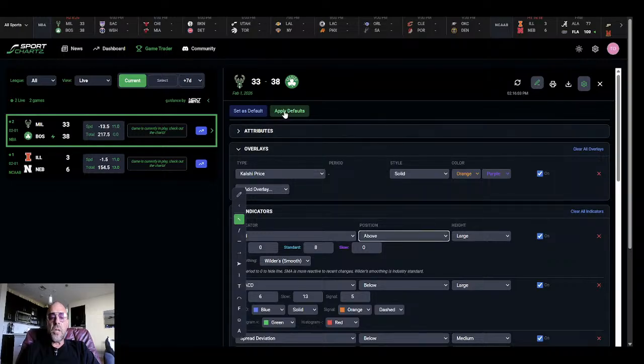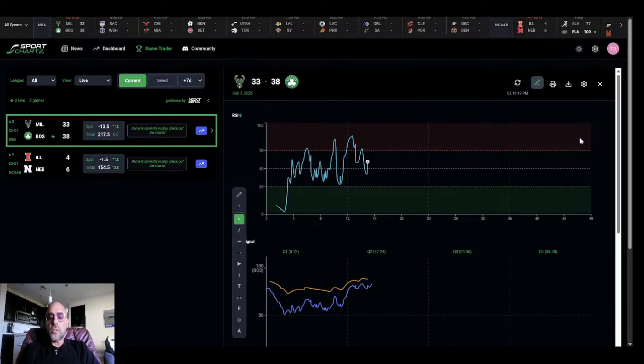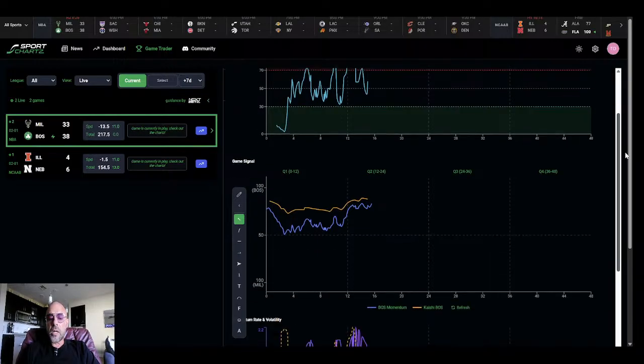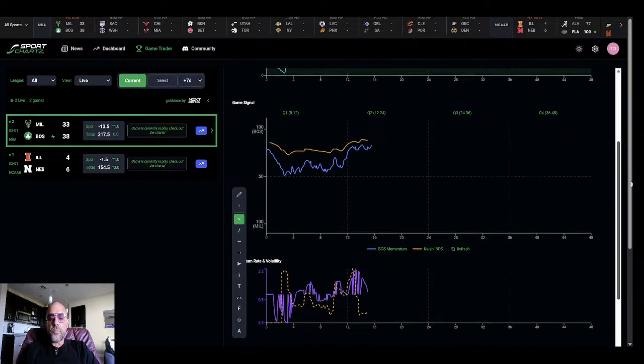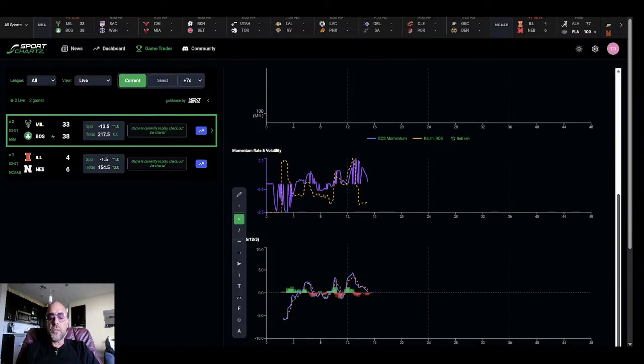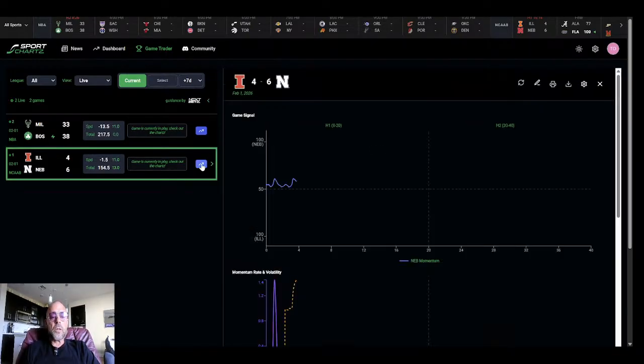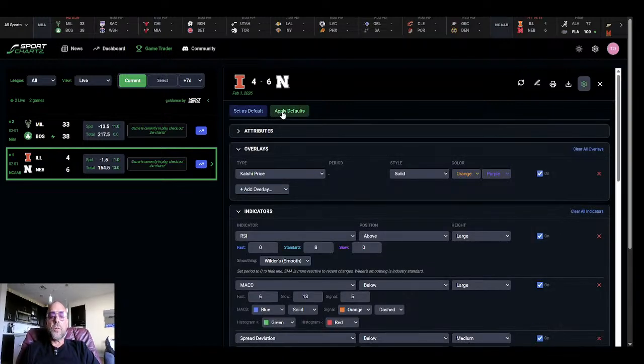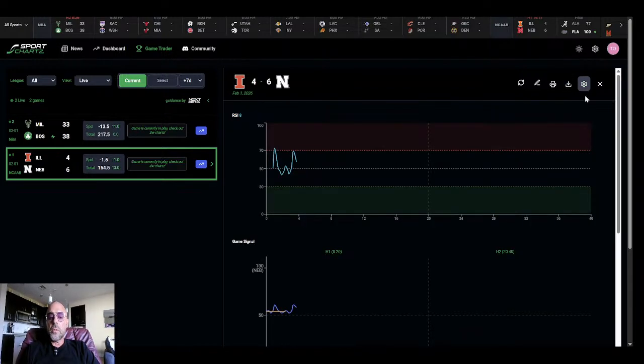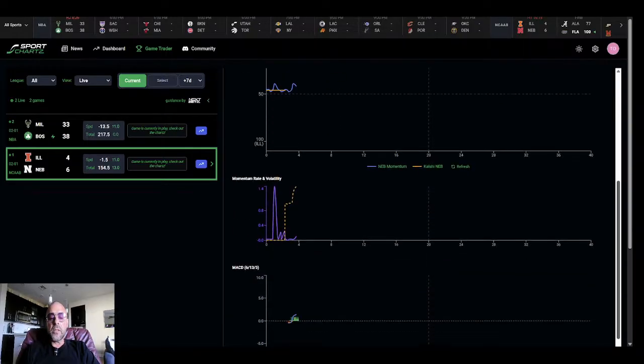So I set all this up, and then you can set as a default. So I do that. So then this is how I like my chart. There's the RSI and Kelce, momentum, MACD, spread. And then I can go over to the Illinois game and apply the defaults. Then everything's going to match up. So yeah, not much to do here.